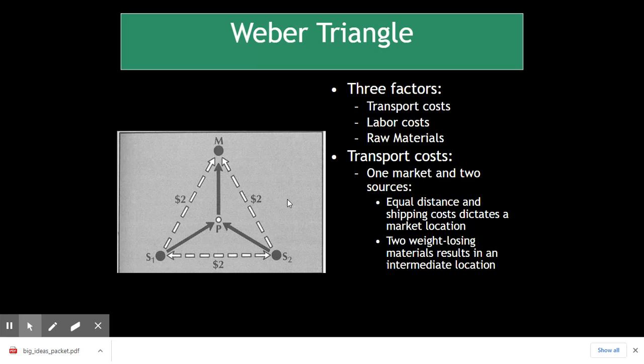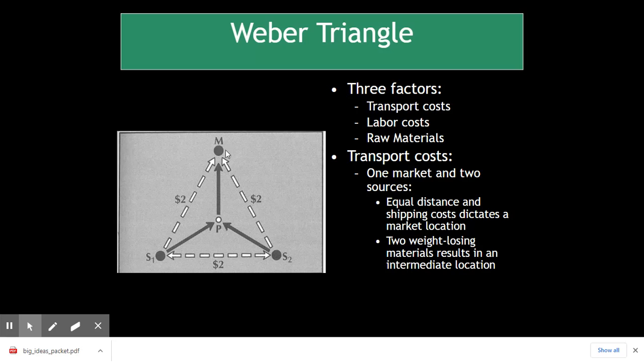For the labor costs, he wants to put the factory as close to a high population of labor as he could. And then he also wants to consider raw materials and where he is going to get the stuff to make his product. If I can somewhat triangulate with vectors the market and the source of my labor and materials, I can get the perfect place to put my factory.